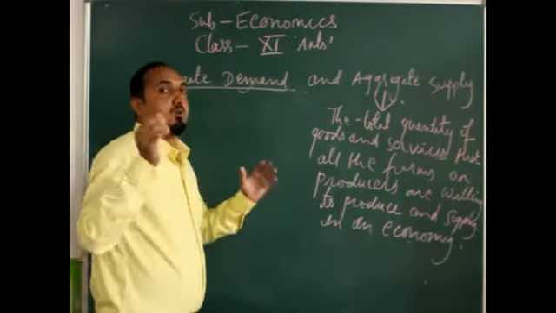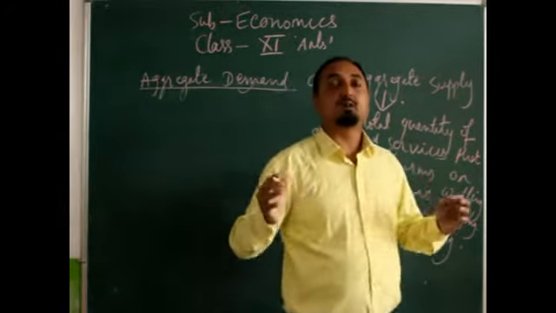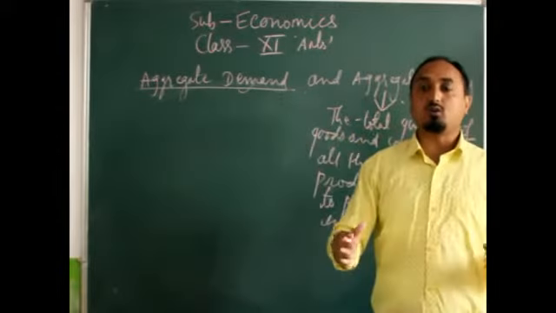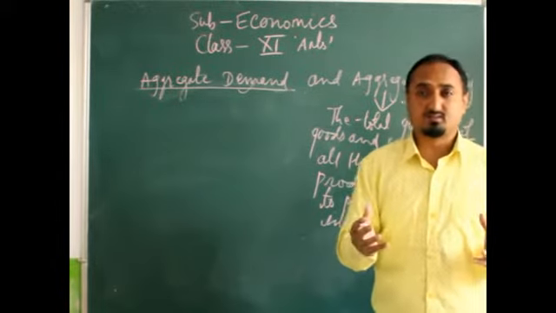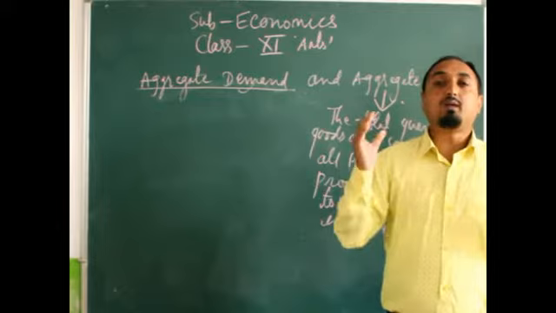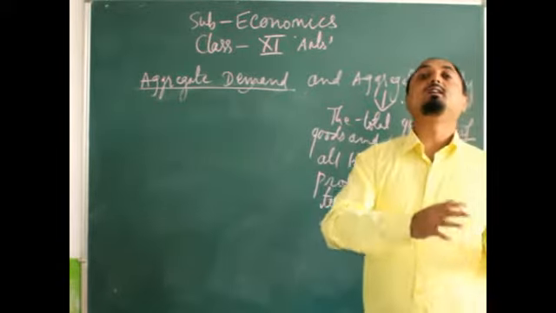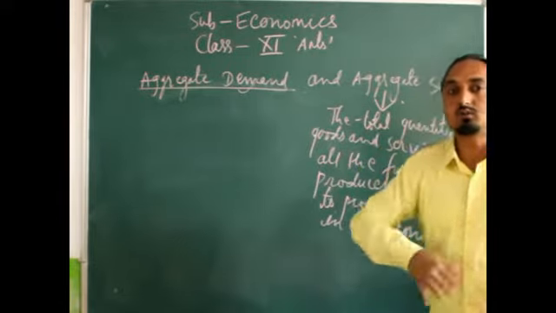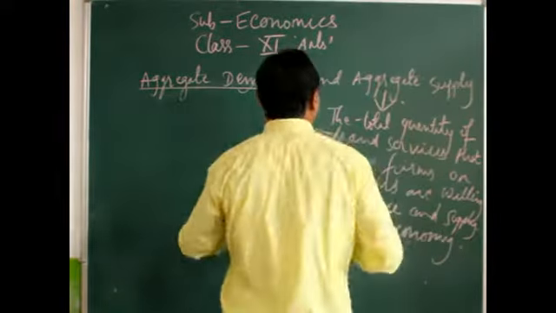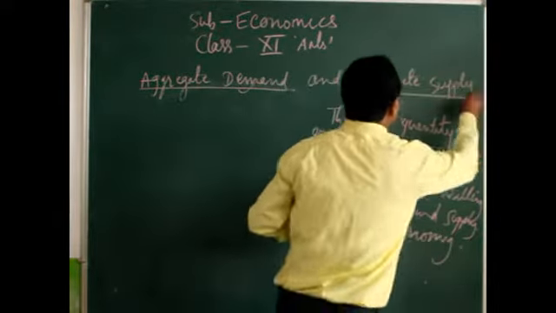Whatever goods and services are produced by all the producers or suppliers or sellers, and when they are willing to produce and supply them in the market or in an economy throughout the country, that concept can be considered as aggregate supply.